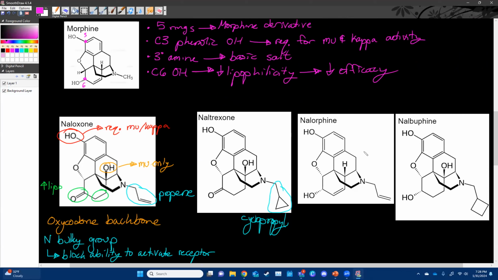What mu agonist is the backbone of nalorphine? Yeah, this is a morphine backbone.